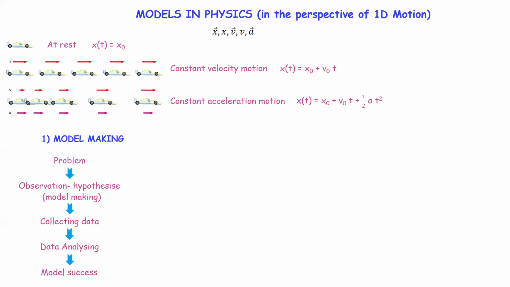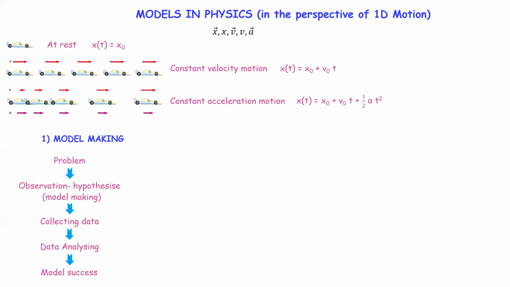But there might be cases where, even though there is a model in your mind with some parameters, when you analyze it, the model may successfully describe the real motion just for a limited time. But after a certain time, the model is not able to predict the real motion successfully. It diverges from the real data.